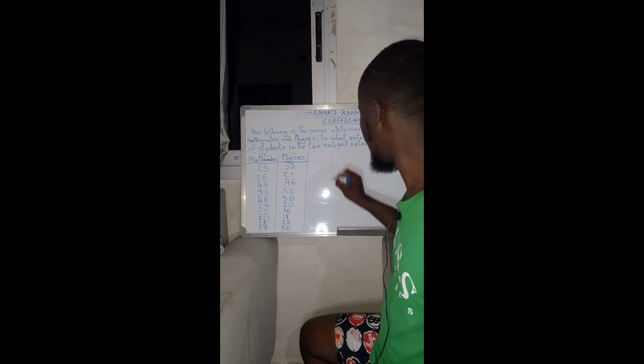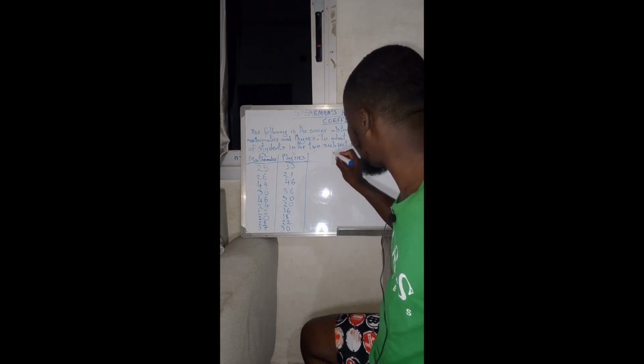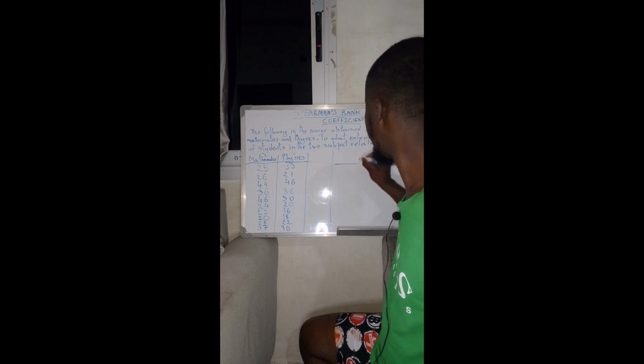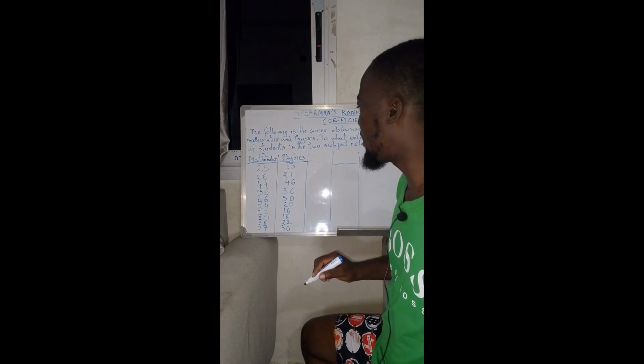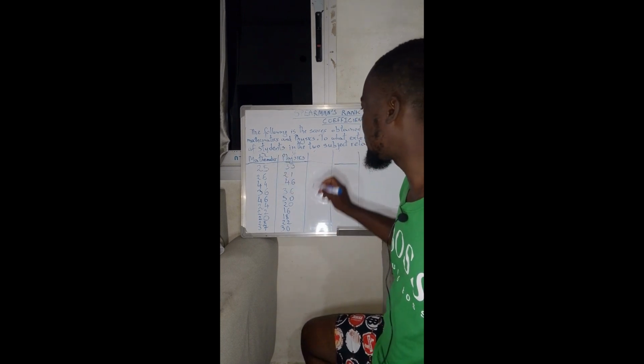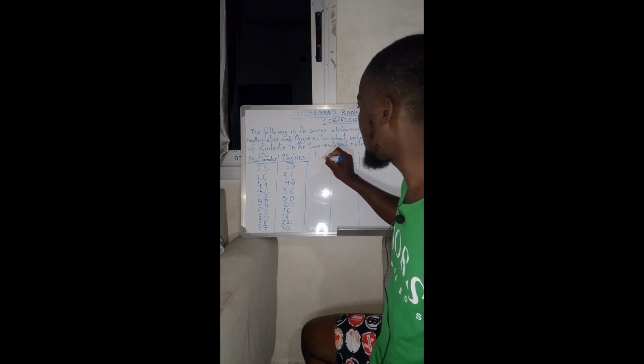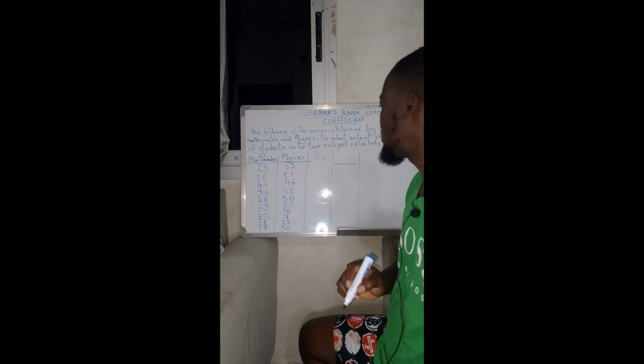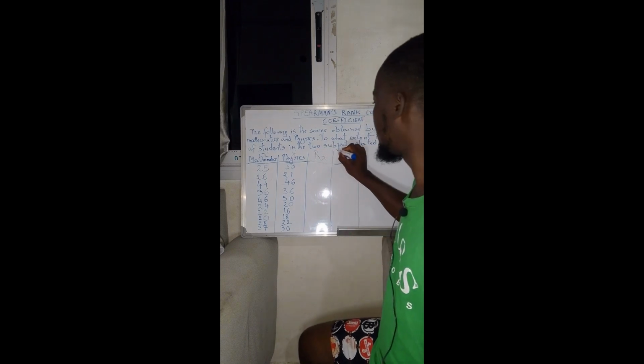So we are going to rank the score of every student in every subject. The rank of x is Rx, and the rank of y is Ry.